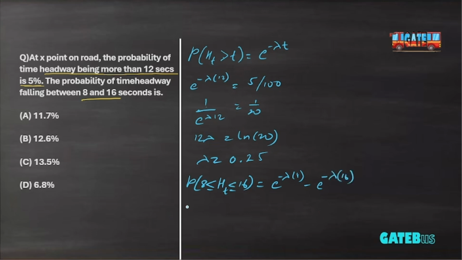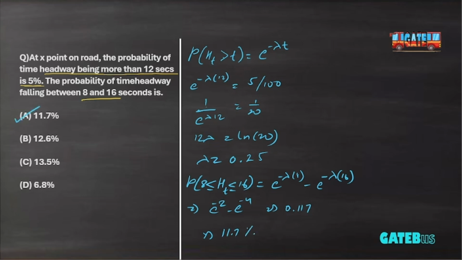By solving this, lambda is 0.25, so e power minus 2 minus e power minus 4. So we got about 0.117, and that is equal to 11.7%.